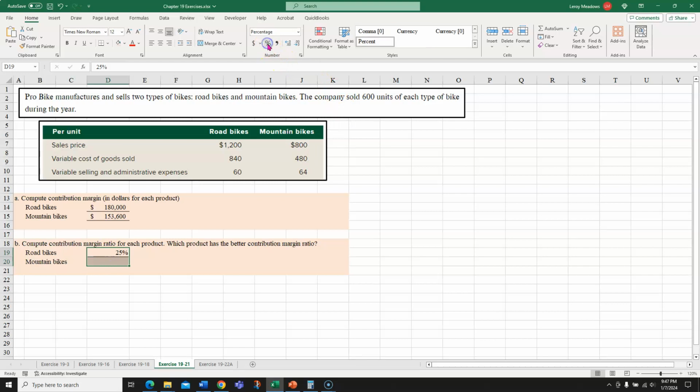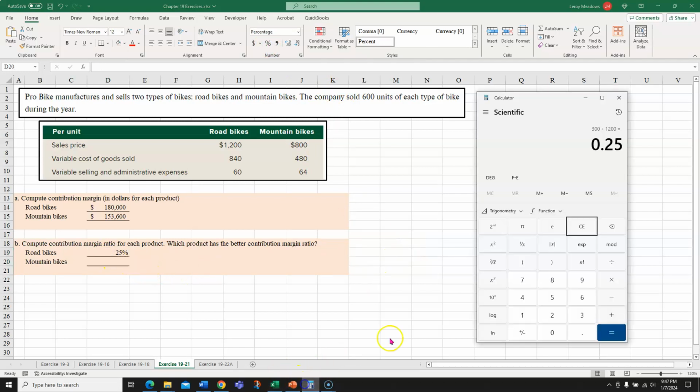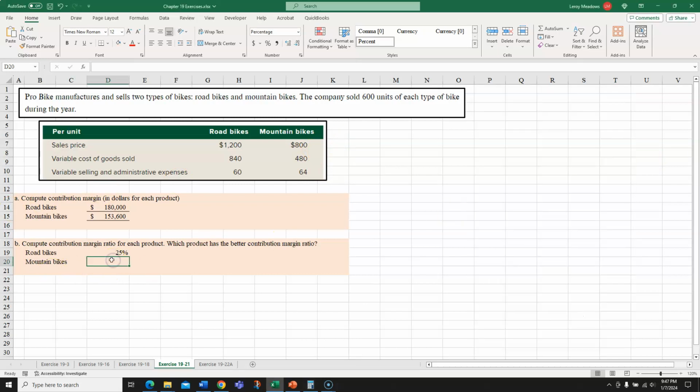And let me format that here. There we go. Now let's do the same thing for mountain bikes. Take my sales price minus my variable expenses, and that got me a contribution margin of $256. When I take that $256 and divide it into the sales price, I get a contribution margin of 0.32 or 32%.